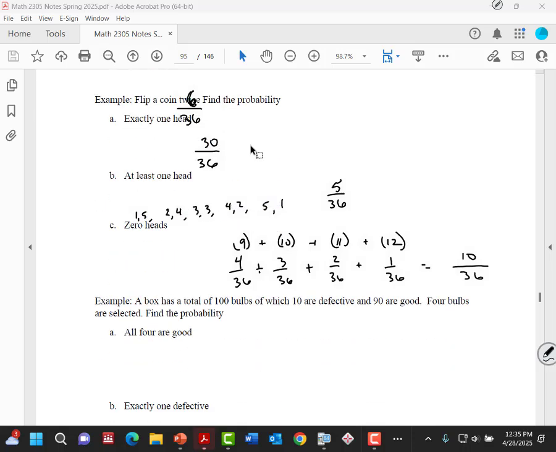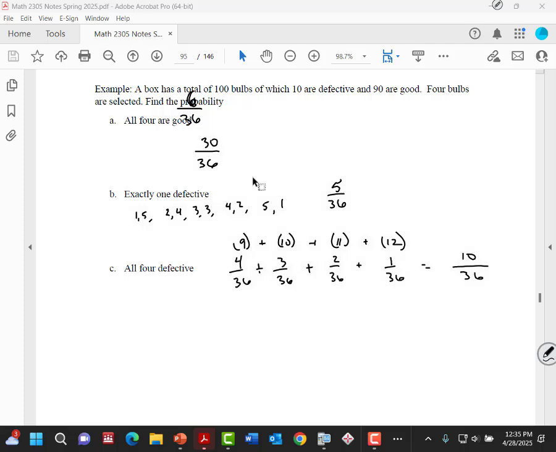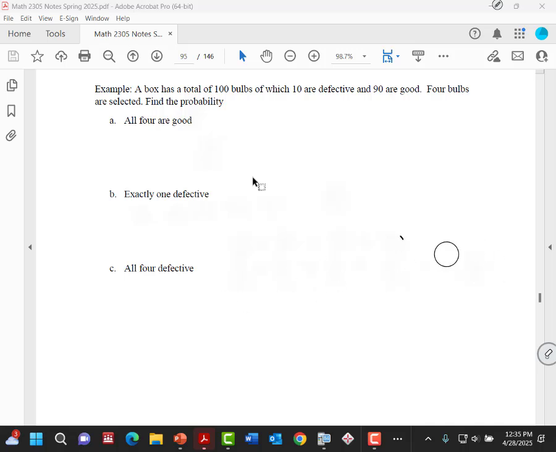Okay? Let's jump around. We'll do another example. This one is still probability. Remember, probability is just a part to a whole, numerator, denominator. Let's take a look at this example, and we'll use some combinations to do this one. A box has 100 bulbs, 10 are defective, and 90 are good. 4 bulbs are selected.